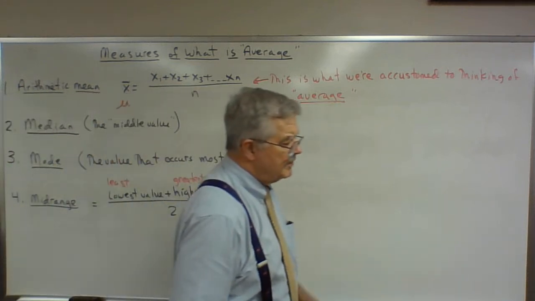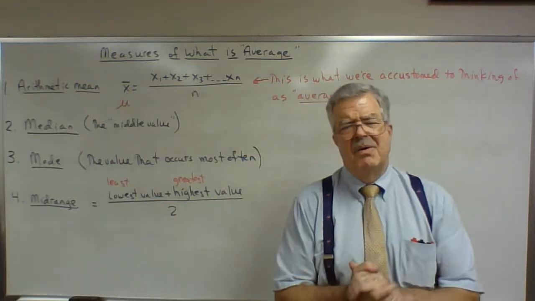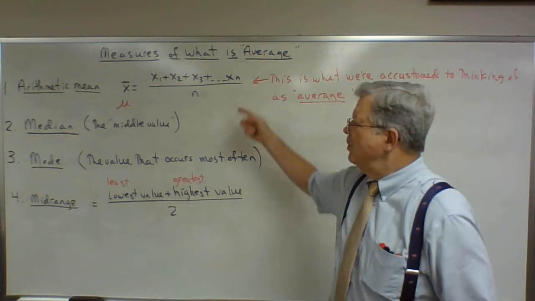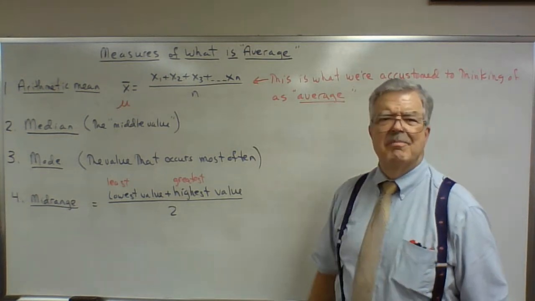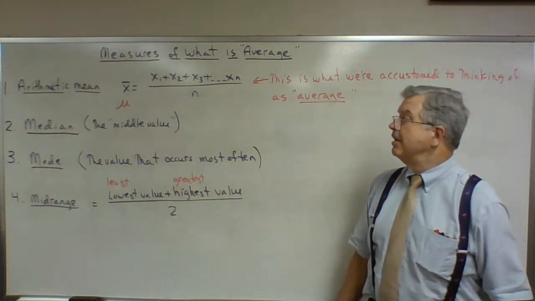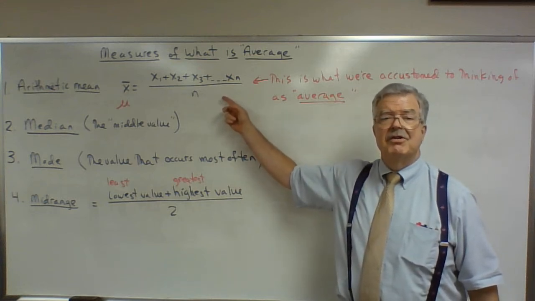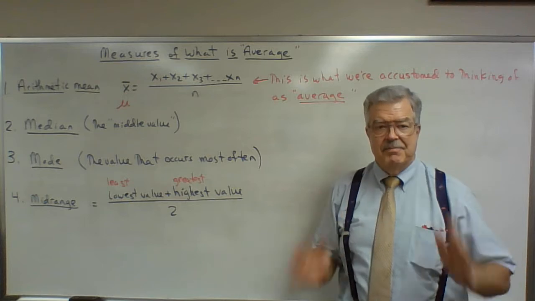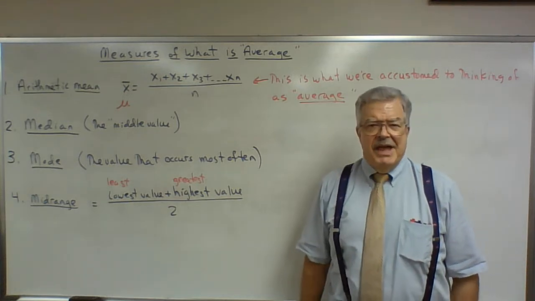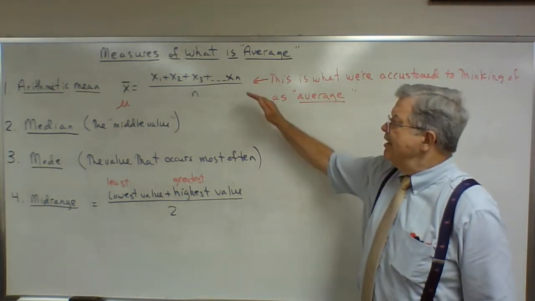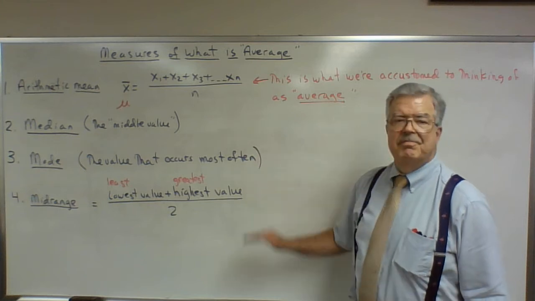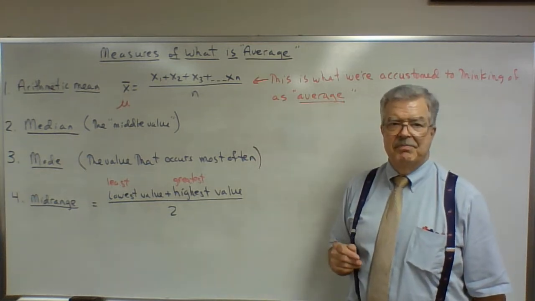Now, why do we need these four measures of what's average? This is the way that we're accustomed to computing an average. Why can't we just stick with that? And the answer is, none of these four methods by themselves are adequate.